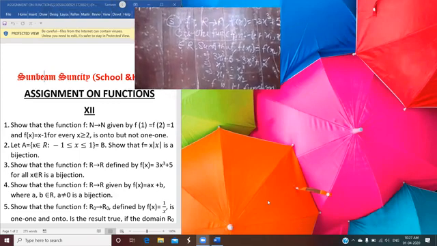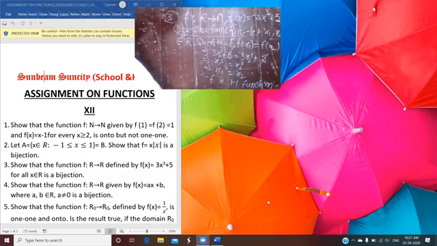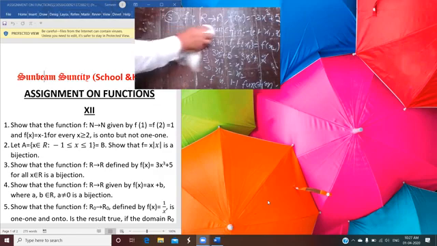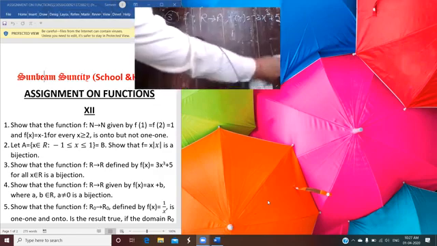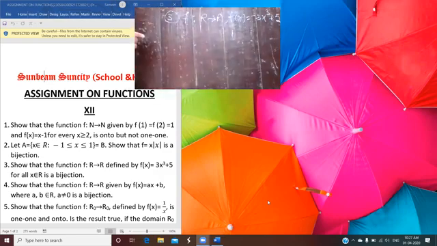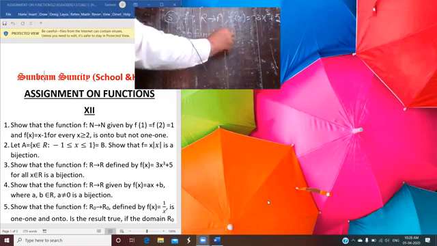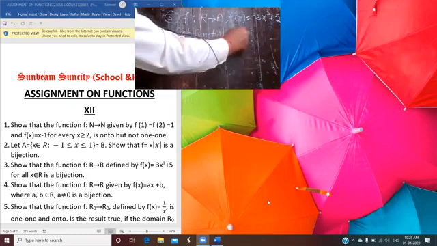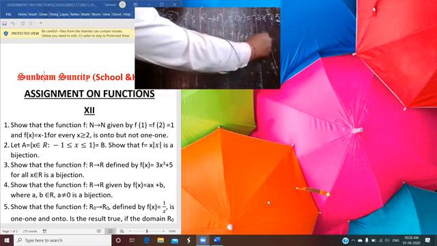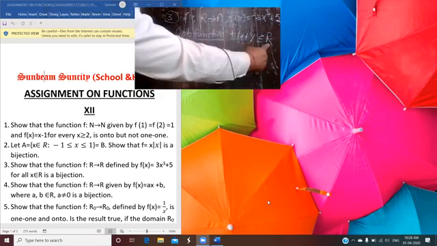Now come to the second point, onto function. So here we apply the first method for proving onto. Let y belong to R. That R belongs to where? That R is from the codomain.